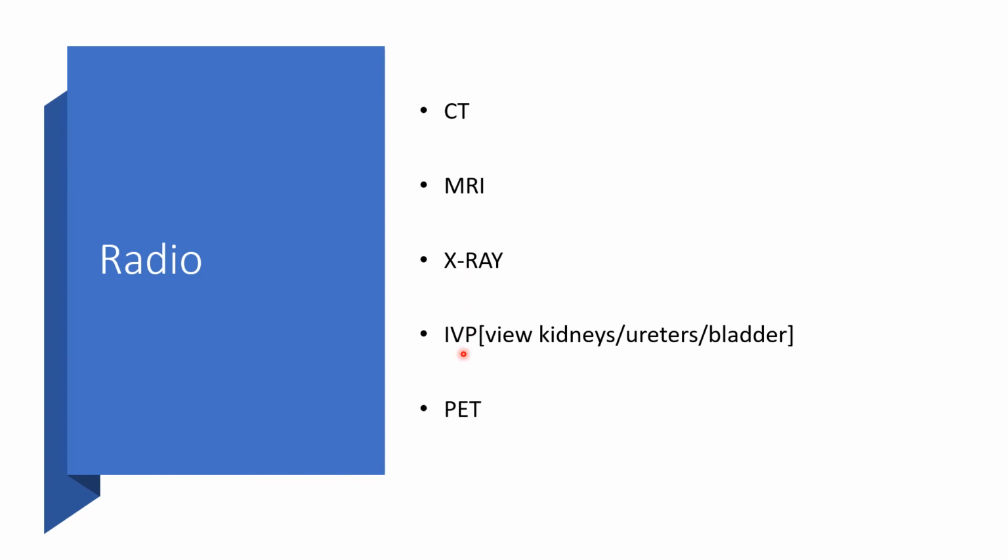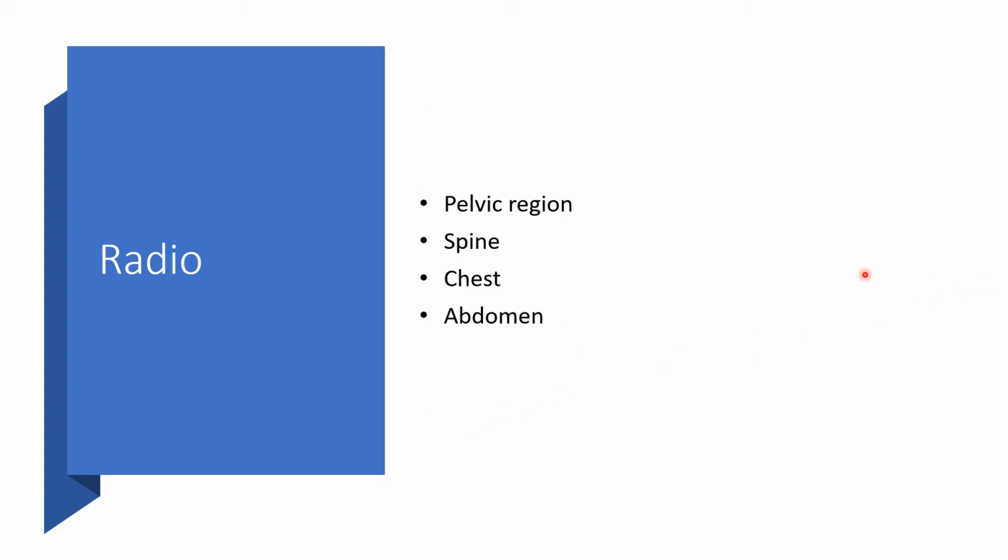The view of the kidneys, ureters, and bladder will be done using intravenous urogram. Positron emission tomography will be helpful. In these radiological investigations, your focus will be on the pelvic region, the spine, the chest, and abdomen.